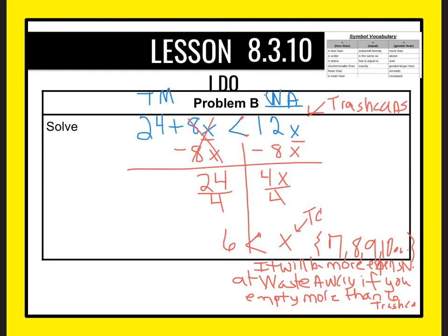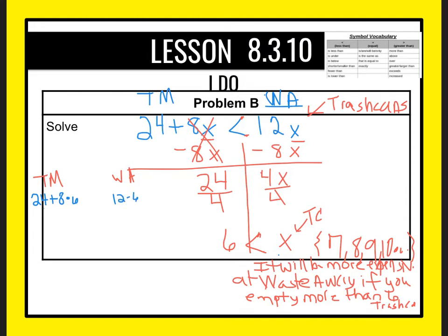So let's say I chose 6. I like to do that as well. So I'm comparing Trash Management and I'm comparing Waste Away. Let's just pretend that I chose 6, okay? And I need this to be greater than, right? More expensive. So I'm going to take the expression 24 plus 8 times 6, and Waste Away would have been 12 times 6.